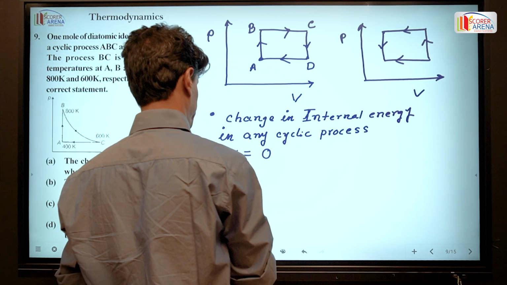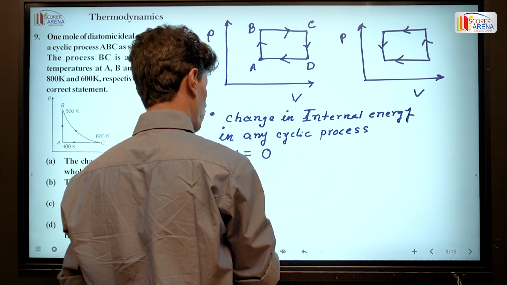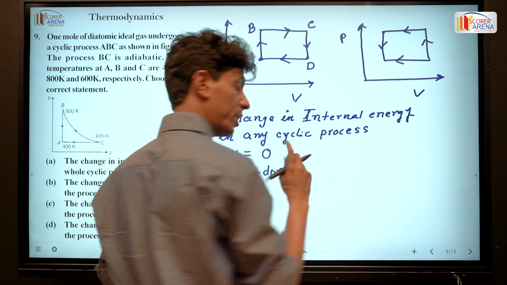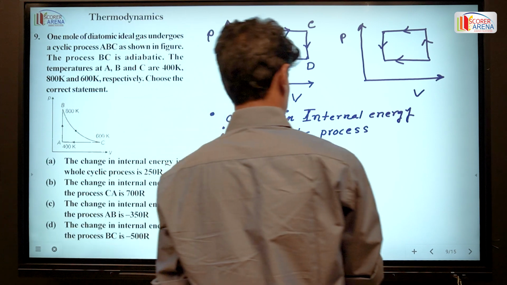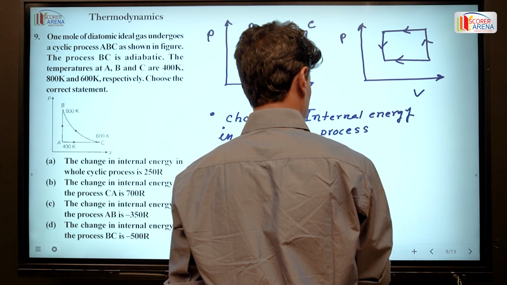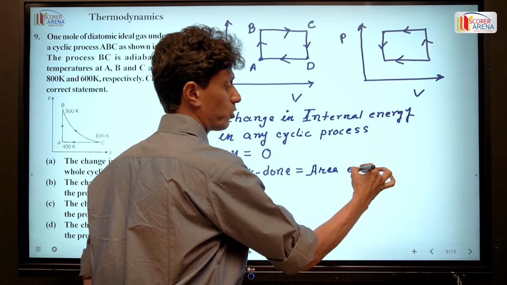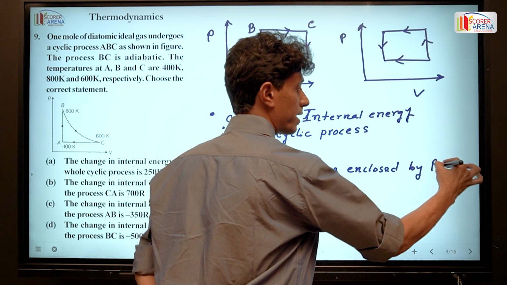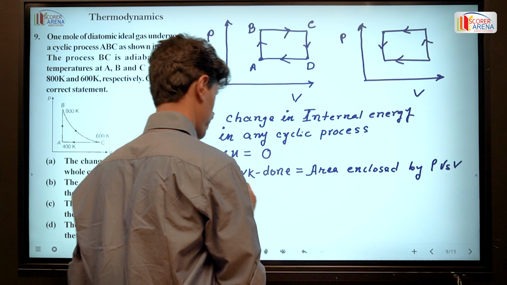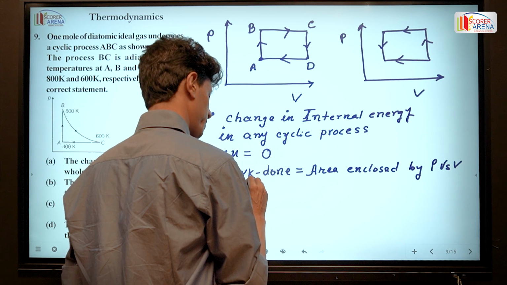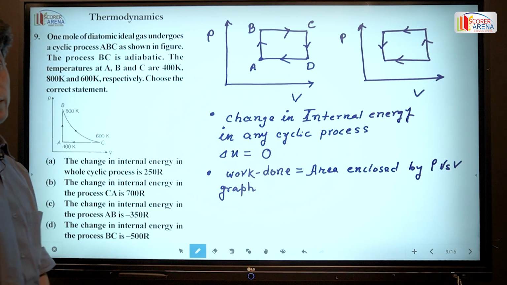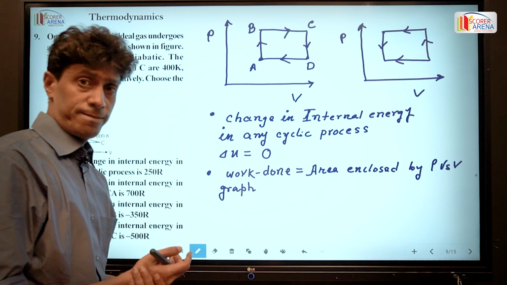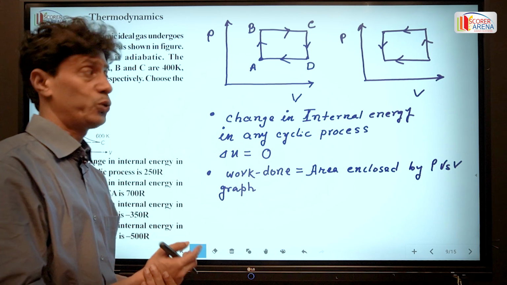In a PV graph, work done is always numerically equal to the area enclosed by the P versus V graph. Change of internal energy is 0 and work done is numerically equal to the area enclosed.